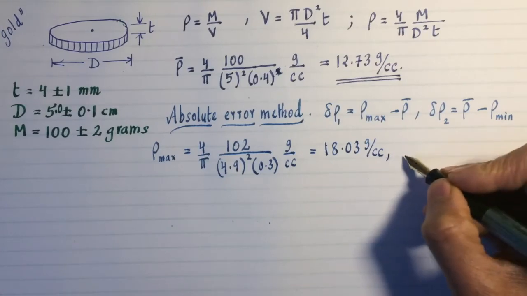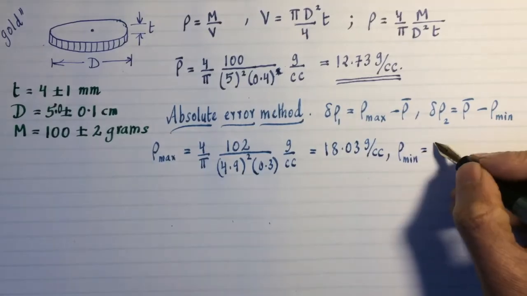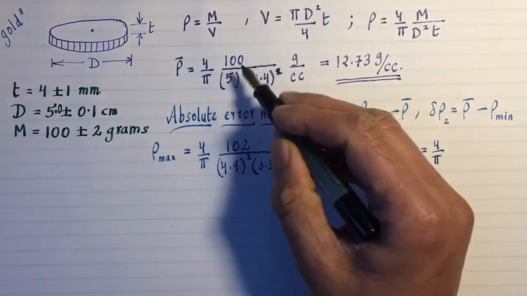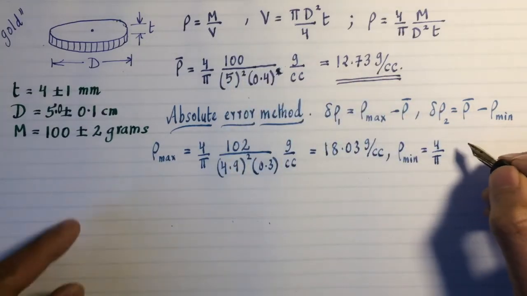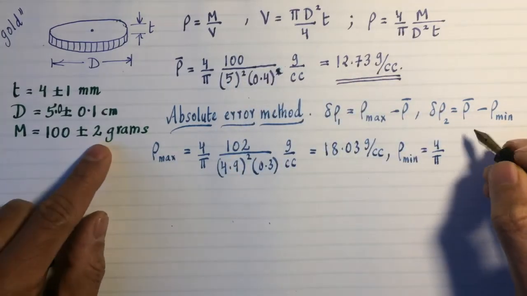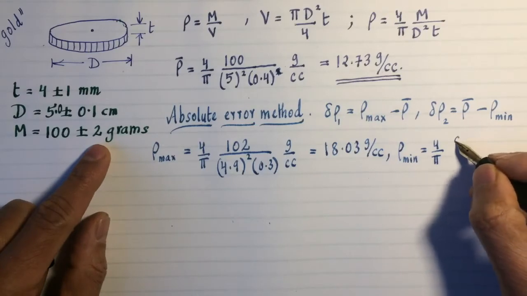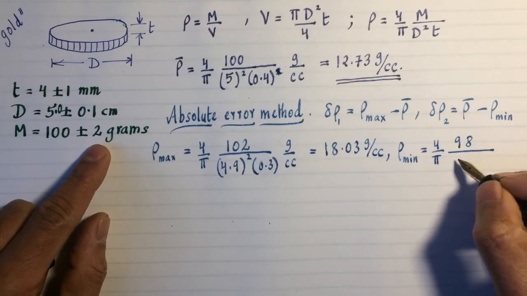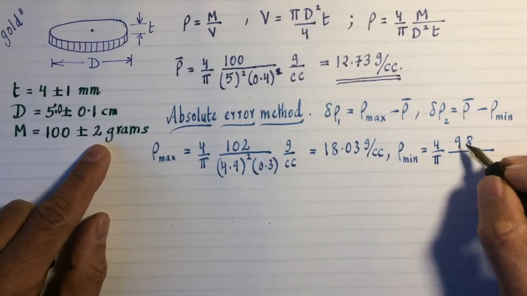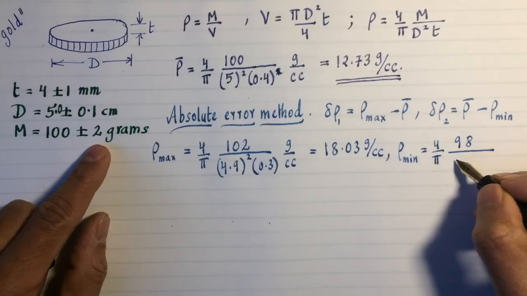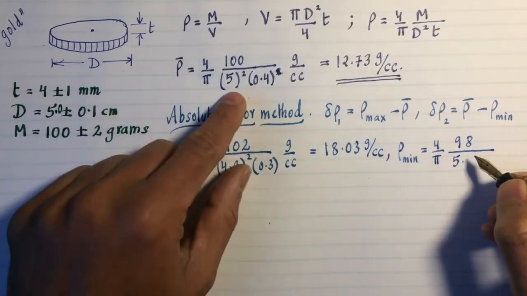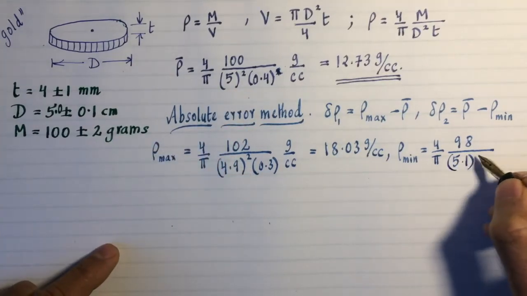In the same fashion, let's try to figure out what rho min is. I just want to show you something interesting. Rho min is got by putting quantities to make this as small as possible. Well, that's done by making the numerator as small as possible. 100 minus 2 will do it for the numerator. And the denominator as big as possible. Well, the denominator can be made as big as possible by writing this as 5.1 instead of 5, squaring it.